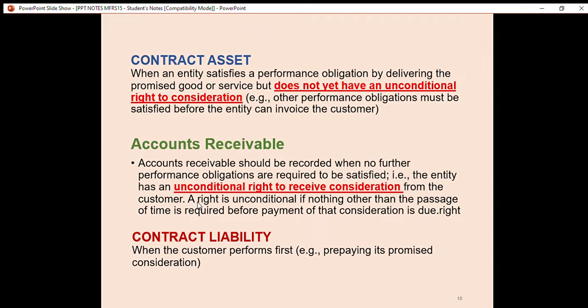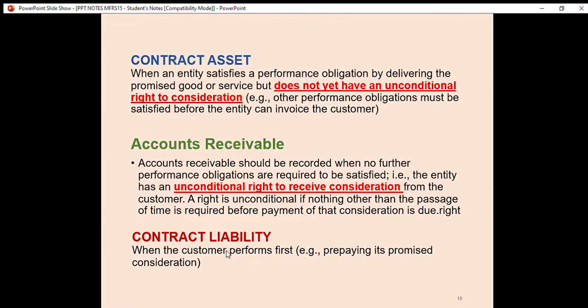So when the entity has an unconditional right to receive consideration, meaning the company has no other condition to be met in order to receive payment from the customer, then we can record it as accounts receivable. We debit accounts receivable and credit sales revenue. This happens only when the company has performed its obligation and has no other obligations to perform to its customer.